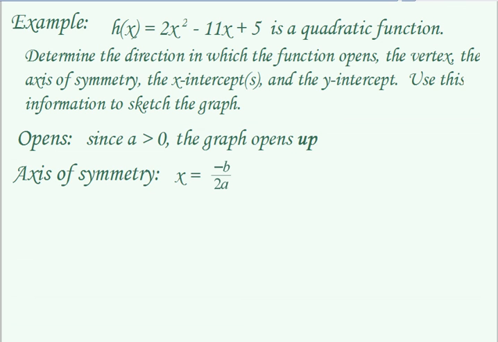Our axis of symmetry, remember we have to find the axis of symmetry before we find the vertex. So the axis of symmetry, opposite of B over 2A, gives me positive 11 over 2 times 2, or 11/4. Since I'm going to have to be plugging this into a quadratic equation, I'm going to make it easy on myself and change that to a decimal, 2.75.